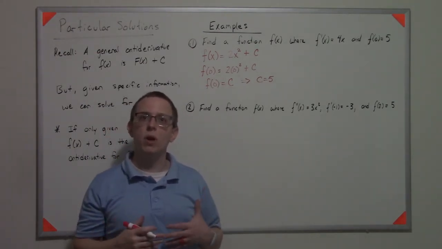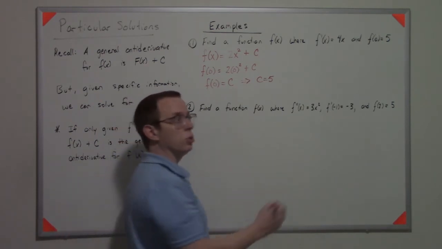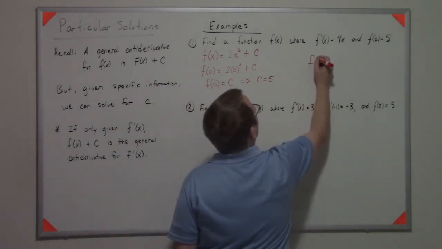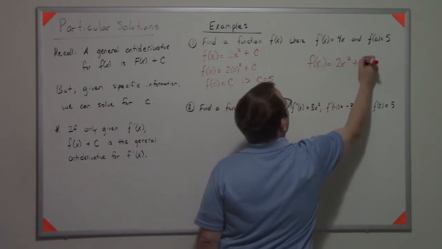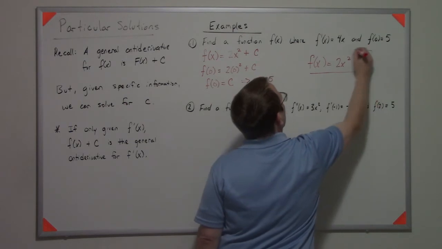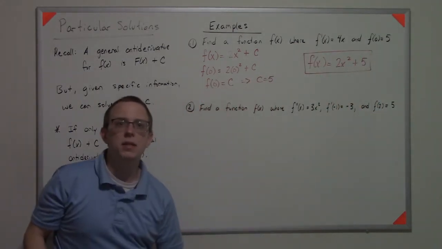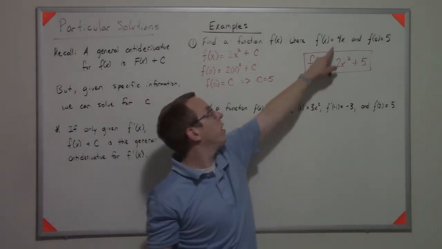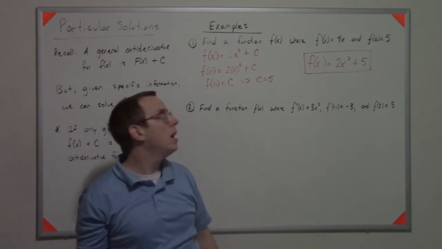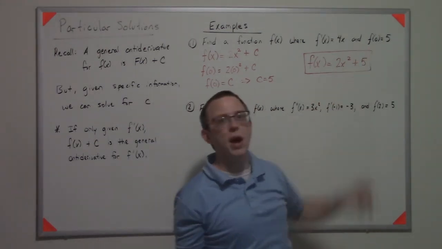So when I say what I want is a particular solution, in this case, the particular solution is 2x squared plus 5. Notice that in this particular solution, if I take its derivative, I still get 4x. And I satisfy the condition that when I plug in 0, I get 5.